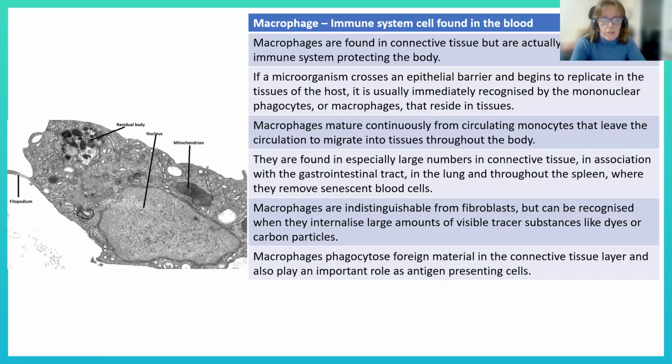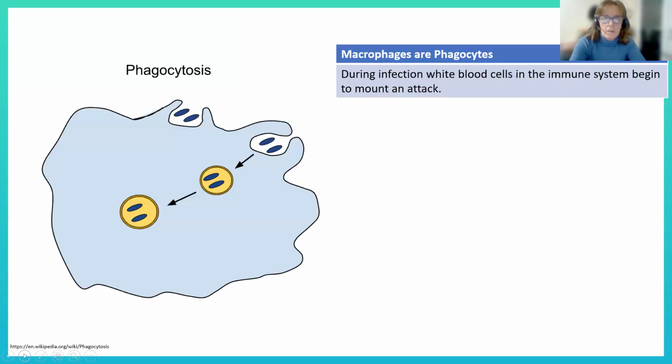They undergo this process called phagocytosis and play an important role as antigen presenting cells. They use antigens like a little red flag saying, right, there's a problem here. And they can use antibodies to attract other macrophages and phagocytes to the area.